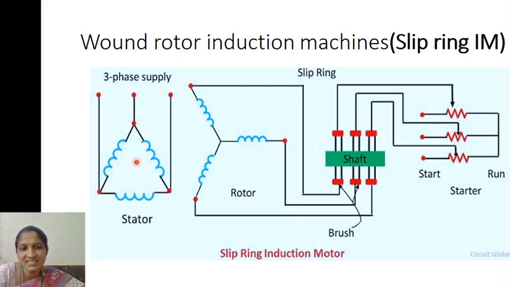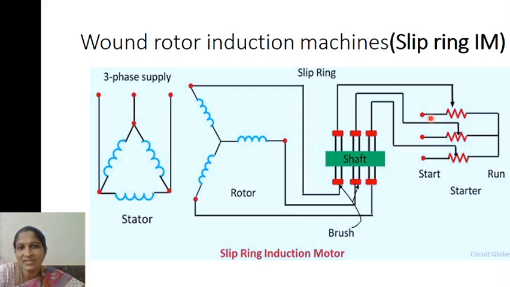You can see this is the stator, which is connected to the three-phase supply, and this is the rotor. This rotor is connected to the external resistance via the slip rings. By using these slip rings you can connect the extra resistance. So that is the advantage of this machine.